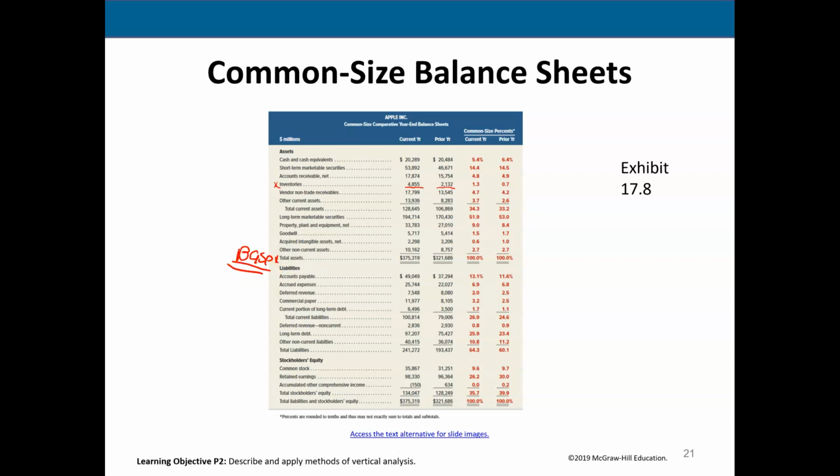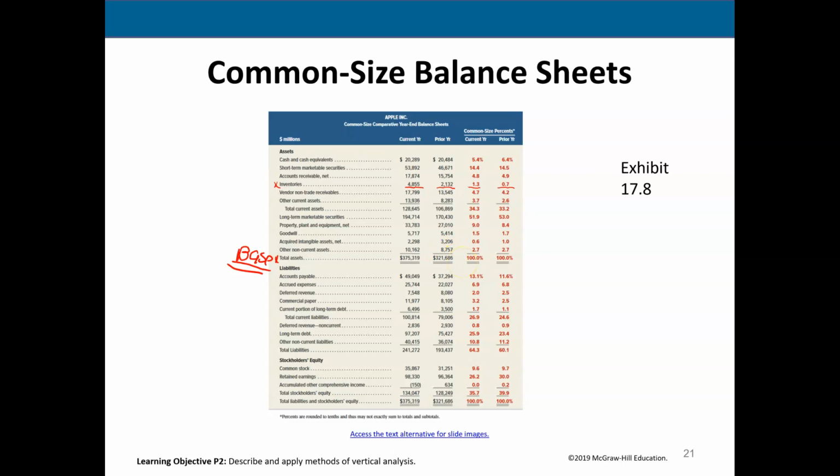Your inventory is 1.3% of total assets for, say, January 2020. For January 2019 it was 2,132, which is 0.7% of total assets for that previous year.